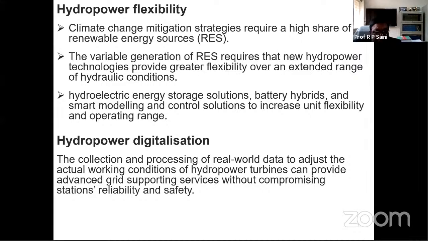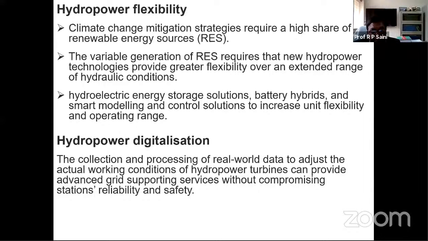Turbines in most cases are not operated at the rated capacity. They have to be operated under part load efficiency, so there's a scope to enhance their efficiency under part load. What does part load efficiency mean?